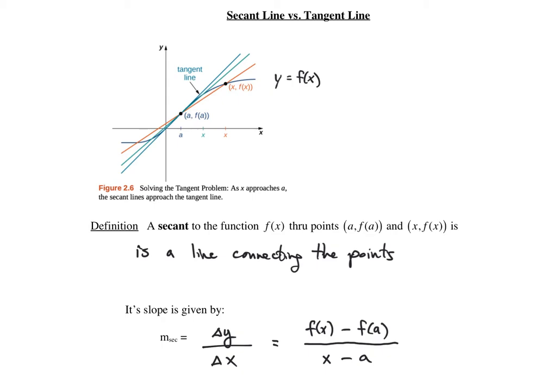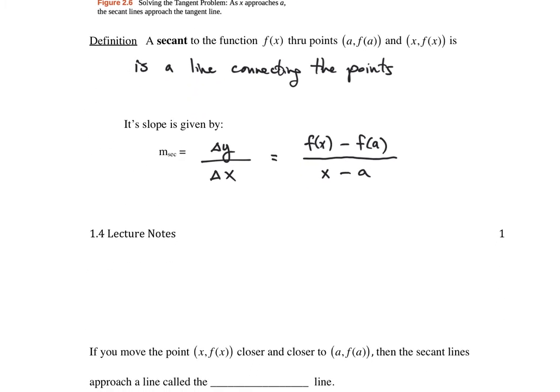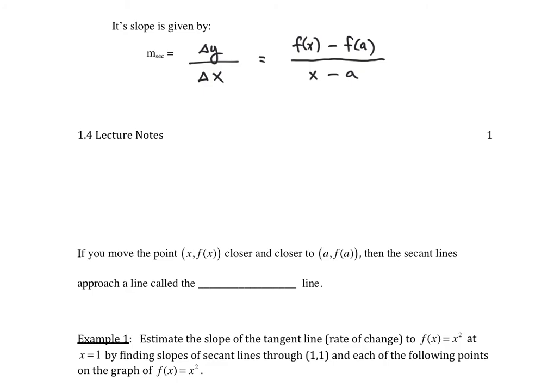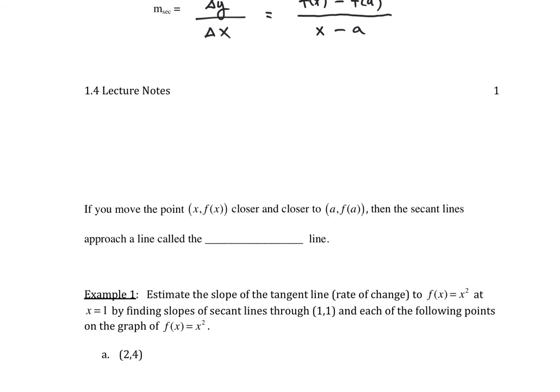The idea of this picture is you start off at the first x, you move it to that dark green x, now you've got a steeper looking line, and then when you move it all the way to a, so x and a overlap, you get this line that we call the tangent line.